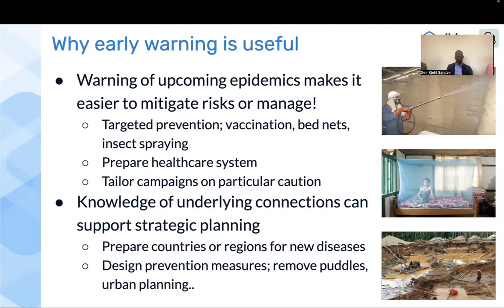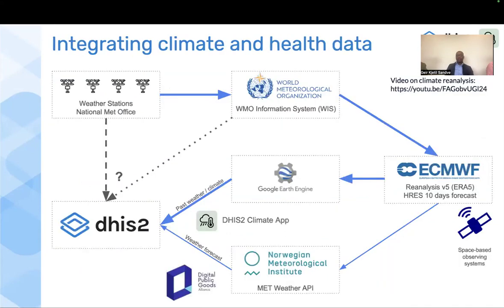But also in terms of strategic planning, we think this can actually help prepare countries to be able to plan for new diseases that are predicted, but also design prevention measures that can help to avert or mitigate the risks of the climate change. So over to Björn.